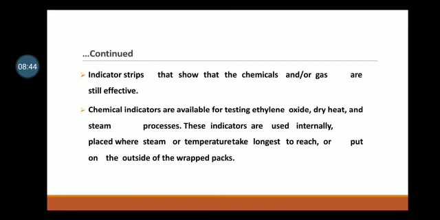Indicator strips that show that chemicals and or gas are still effective. Chemical indicators are available for testing ethylene oxide, dry heat, and steam processes. These indicators are used internally, placed where steam or temperature take longest to reach, or put on the outside of the wrapped packs.